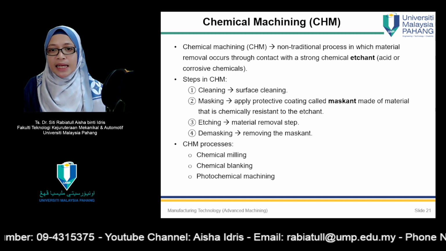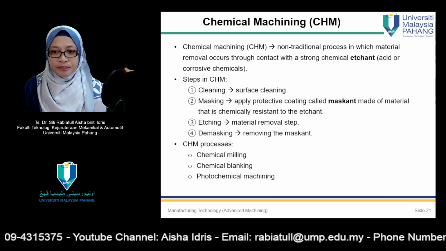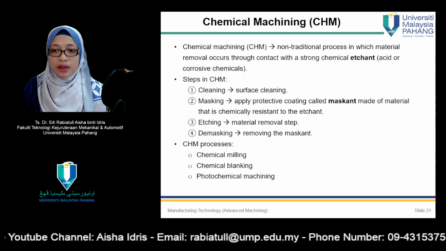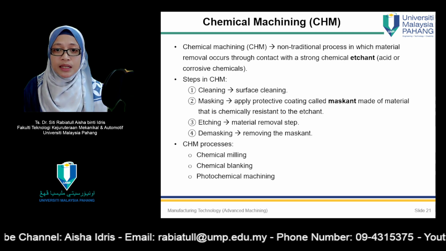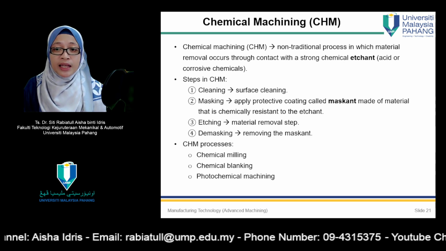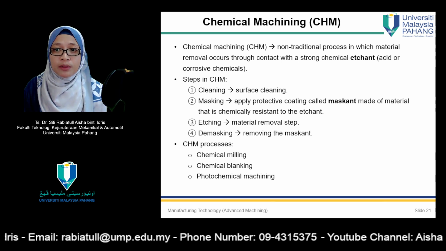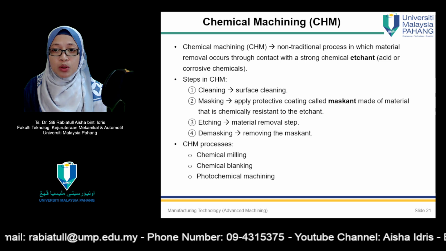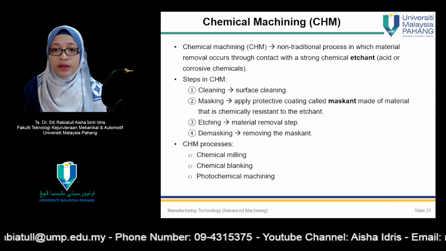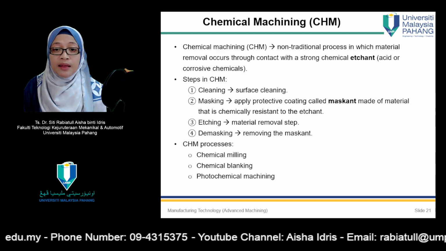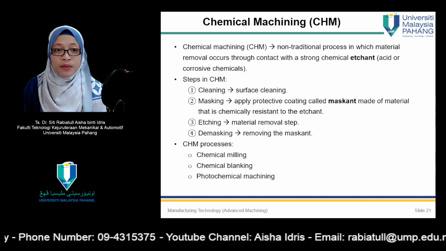Number three, etching. This is the material removal step. The part is immersed in an agent that chemically attacks those portions of the part surface that are not masked. The usual method of attack is to convert the work material into a salt that dissolves in the agent and is thereby removed from the surface.